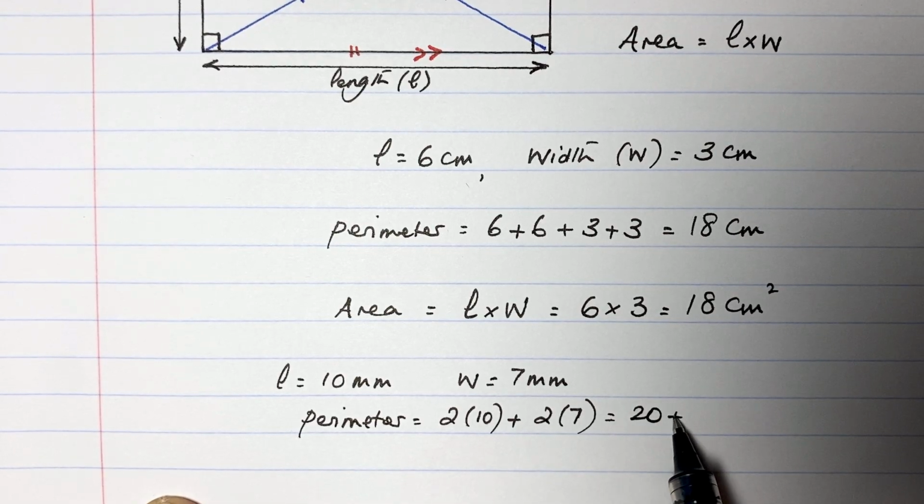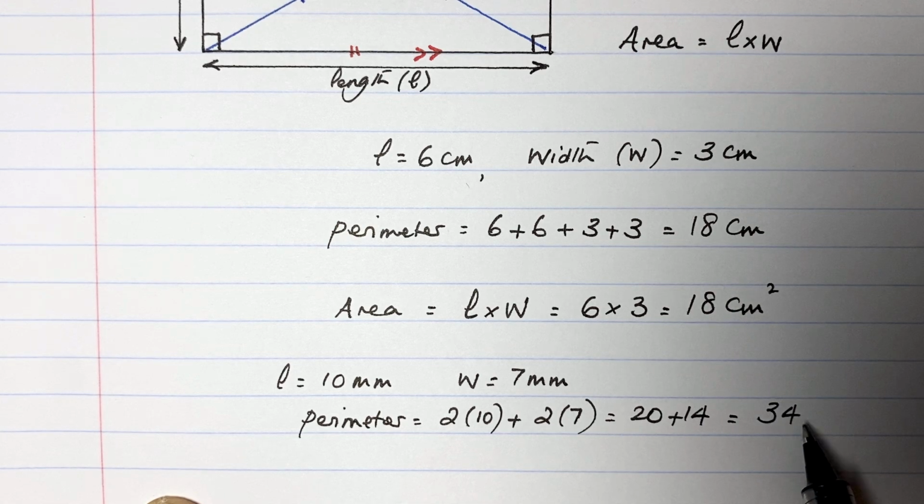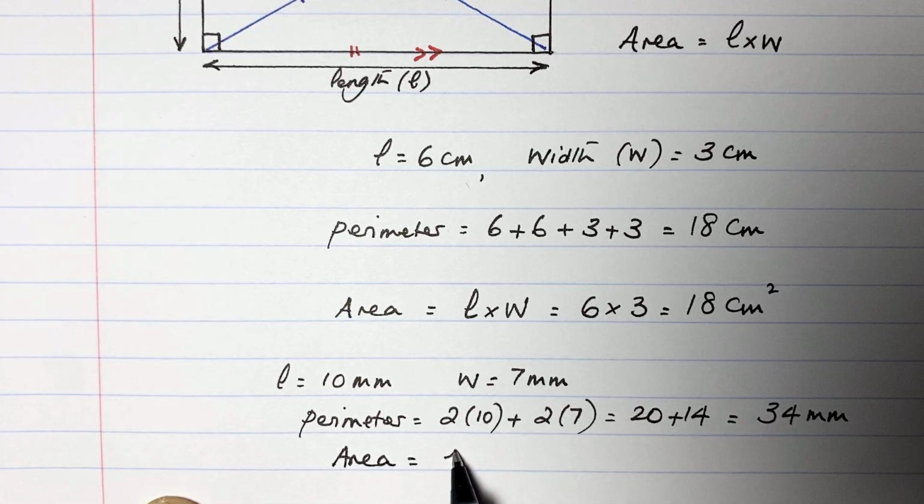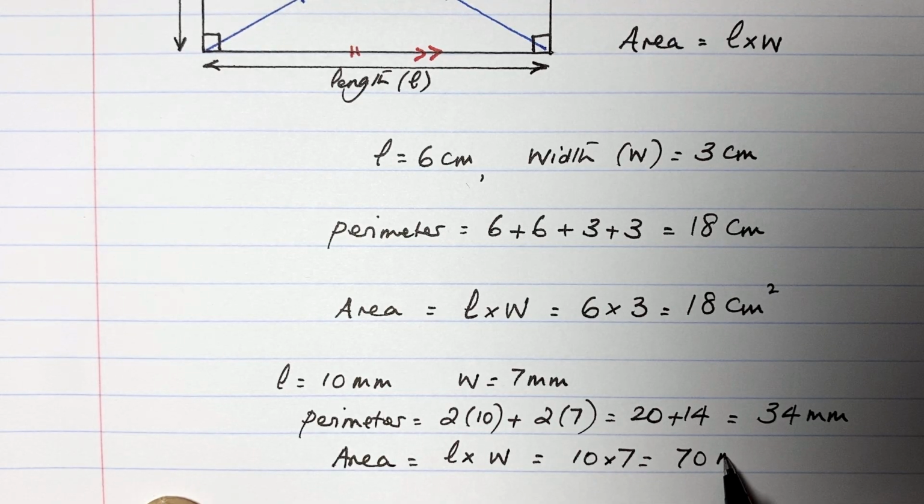That's 20 and 14, which equals 34 millimeters. And the area would be length times width, which is 10 times 7 equals 70 millimeters squared.